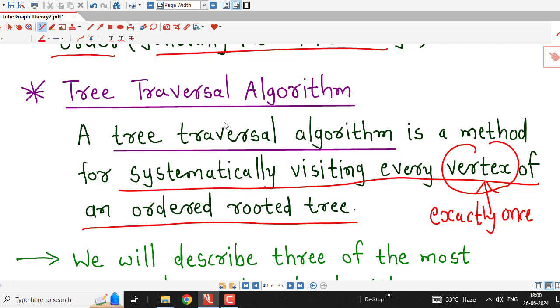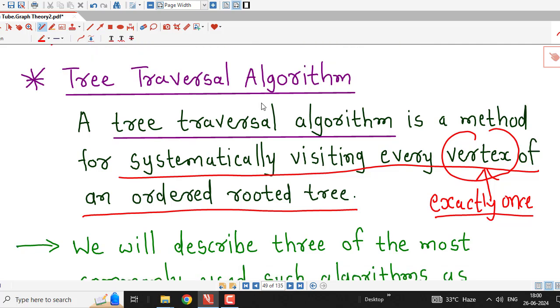That method is called a tree traversal method or tree traversal algorithm.